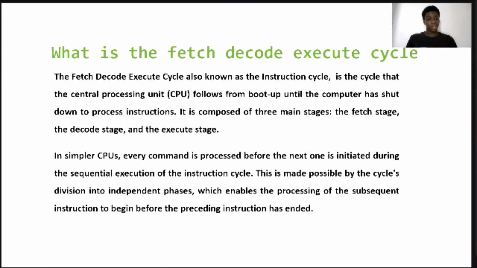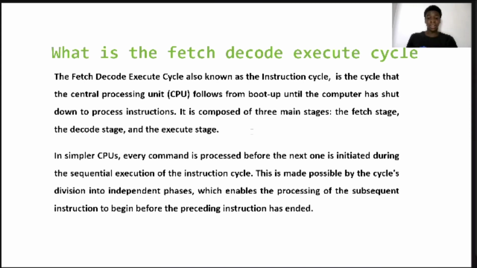So any instruction given from the time you boot the computer is also an instruction given to it. It powers everything, then it's ready to receive instructions and process them. It is composed of 3 main stages: the fetch stage, the decode stage, and the execute stage.